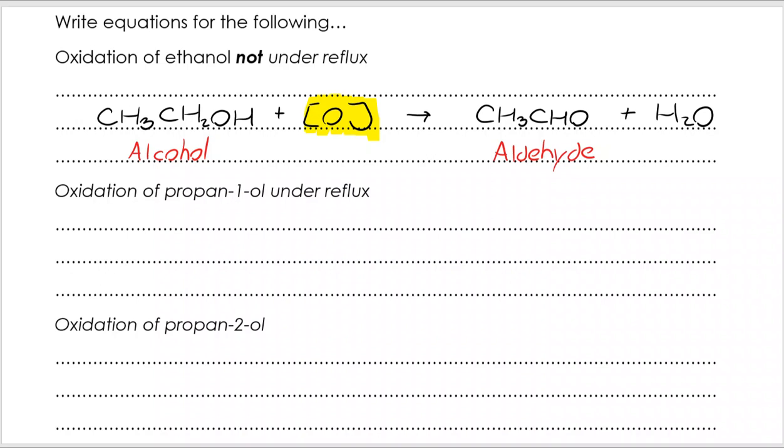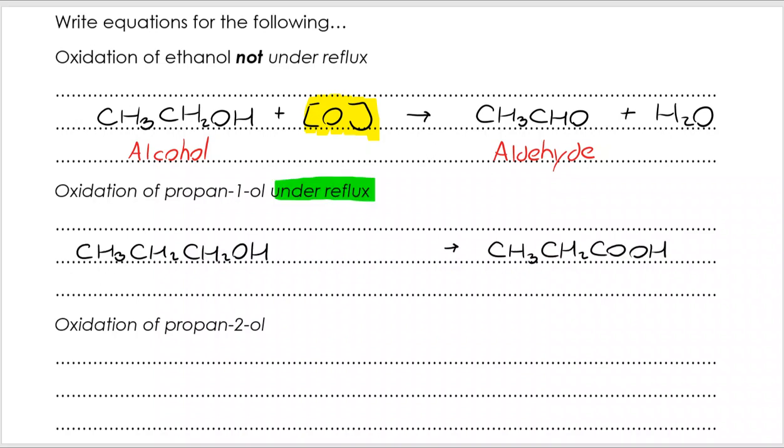Let's now take a look at the next example, propan-1-ol under reflux. Well, first of all, we have got propan-1-ol going all the way to propanoic acid. Now, in this particular case, you've actually got a two-step process because we can add an O that would take it from propan-1-ol to propanal and another O that would take us from propanal to propanoic acid.